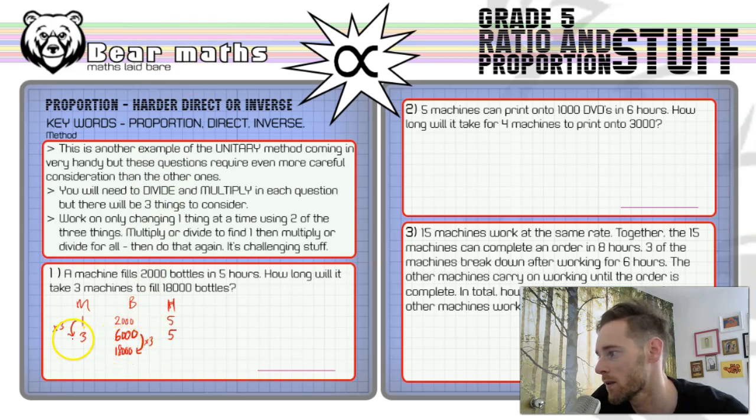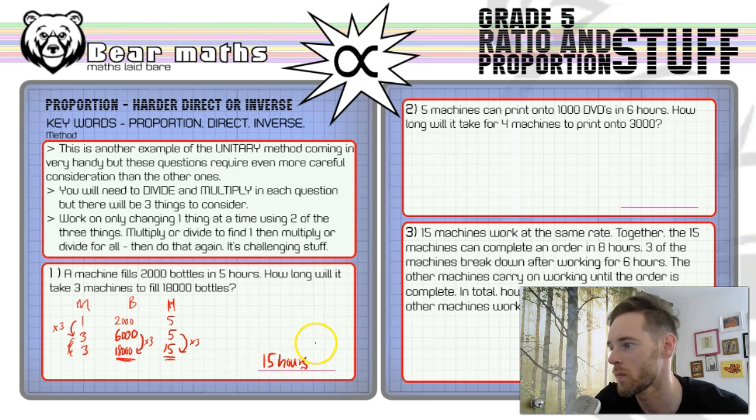So we're going to multiply the machines by nothing and leave that the same, 3 machines, and we're going to multiply the hours by 3. If we multiply 5 by 3, we get 15. So it is going to take those 3 machines 15 hours to fill 18,000 bottles. I hope that makes sense.